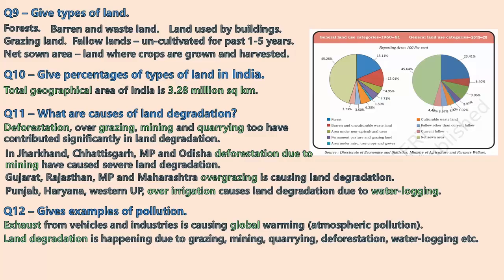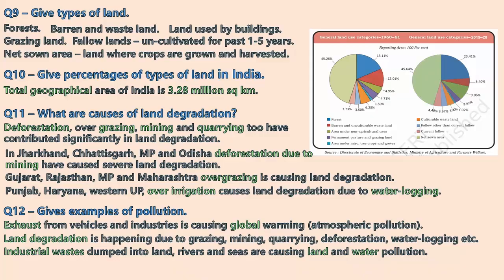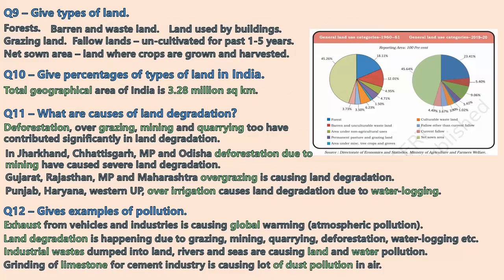This is another land pollution basically. Industrial waste is dumped into land, rivers and seas without proper treatment, and that is causing land and water pollution. Grinding of limestone for the cement industry is causing a lot of dust in the air, which is dust pollution. These are all examples of pollution which we should not do, and we should minimize it as much as we can.